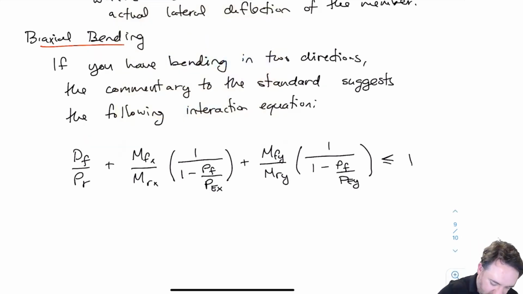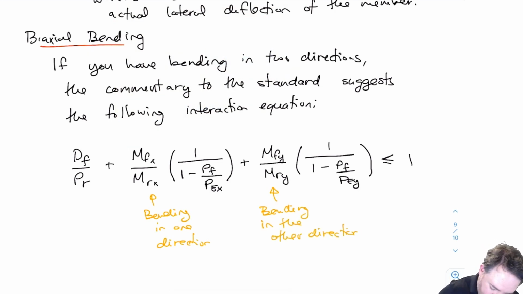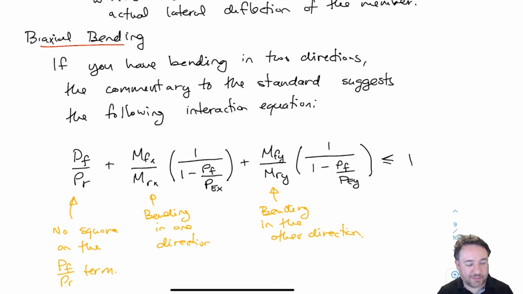So this one is bending in one direction, this one is bending in the other direction, and the other difference is that there is no square on the PF over PR term. And that is basically increasing the amount of conservatism to this equation.